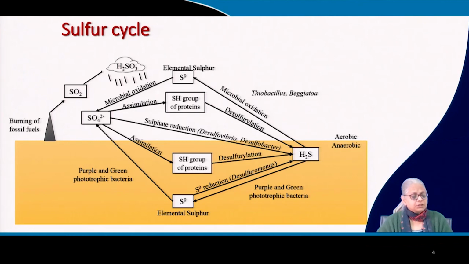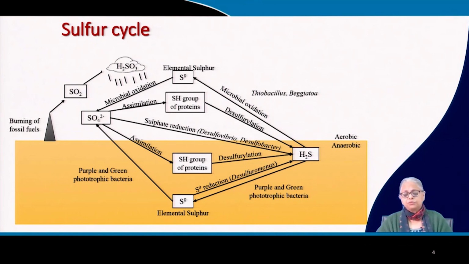Here are examples of individual bacterial species that are responsible for mediating the redox reactions, the oxidation reduction reactions, where you get the conversion of sulfur from one oxidation state to another oxidation state. Let's take a look at the most reduced form of sulfur.